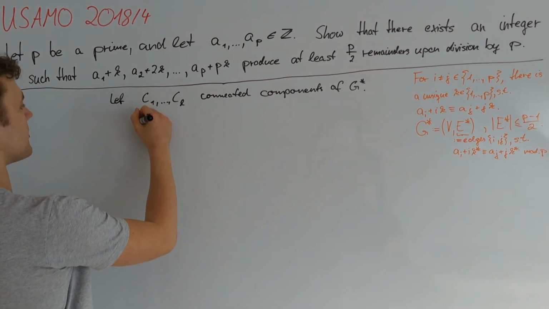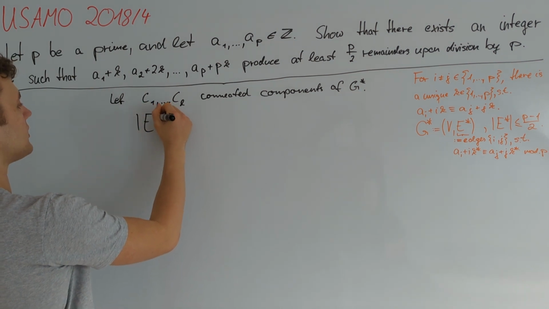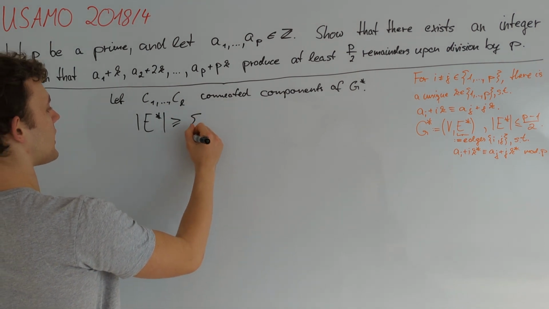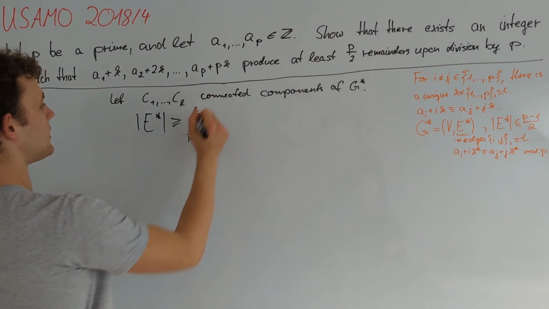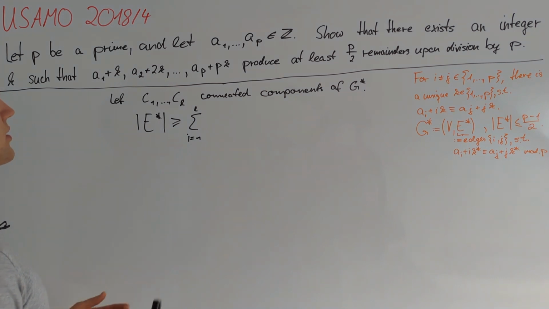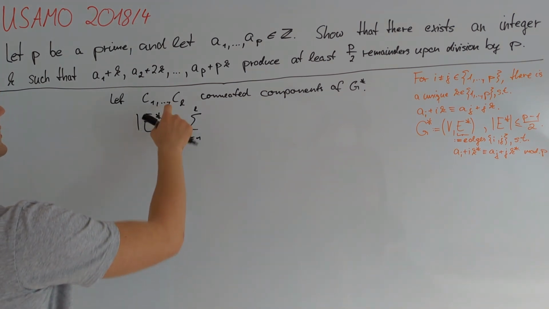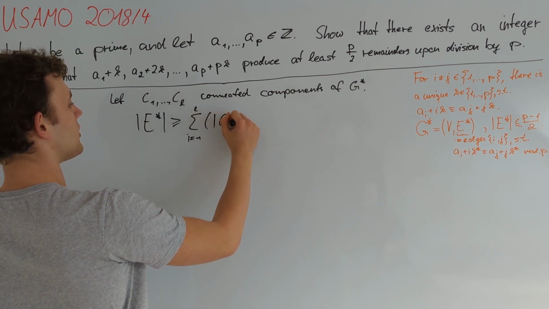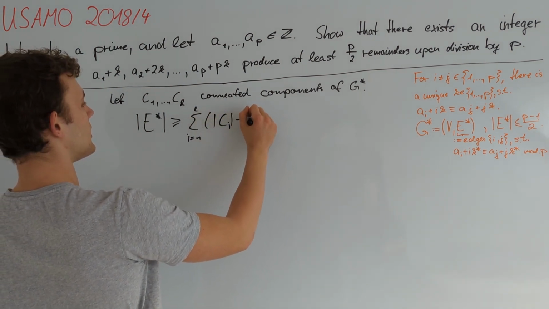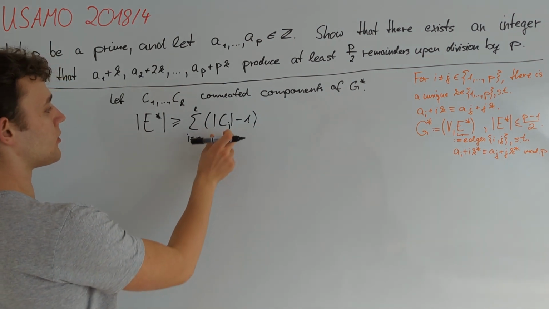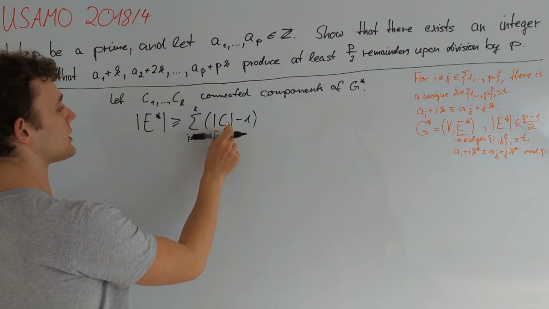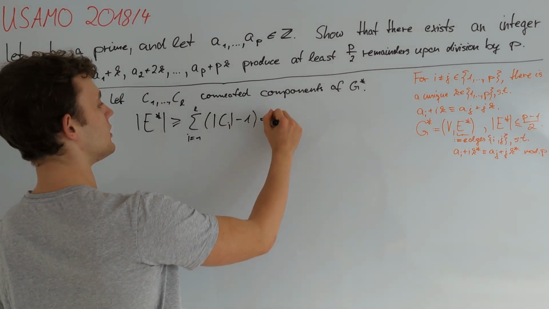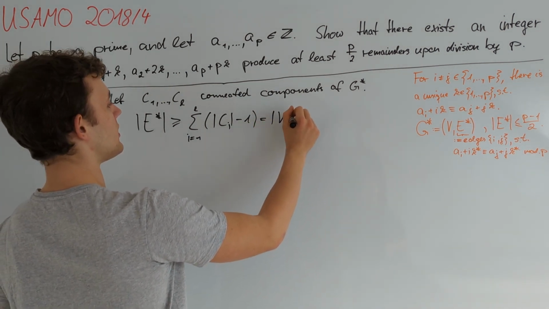Namely, we get the magnitude of E star is at least the sum of i going from 1 to l of the number of edges in the induced subgraph by Ci, which is at least the magnitude of Ci minus 1. Now, since every vertex lies in exactly one of those components, the sum is equal to the magnitude of V minus l.